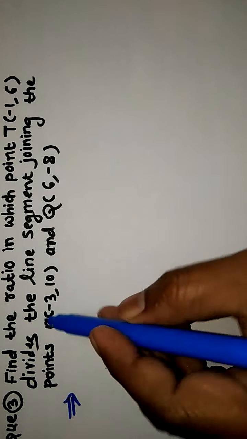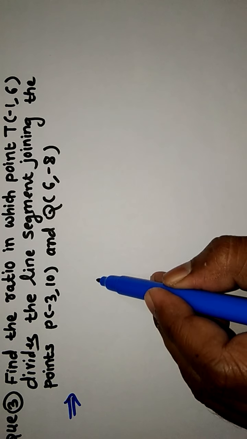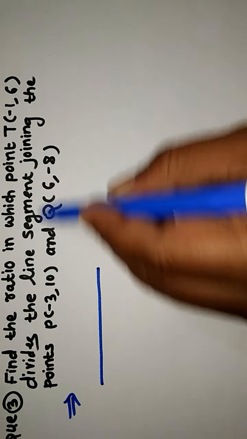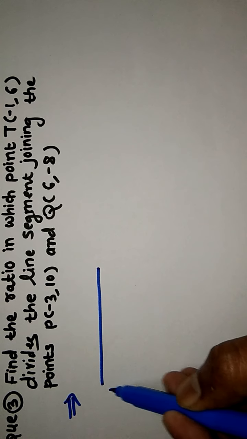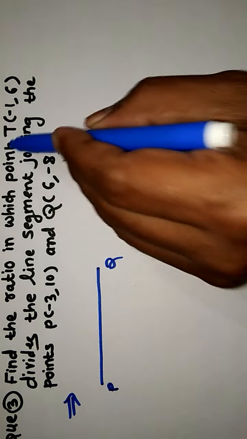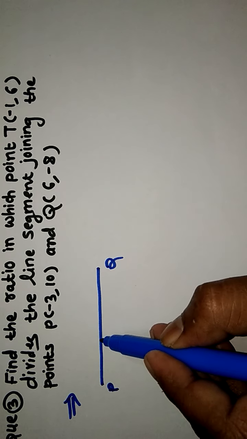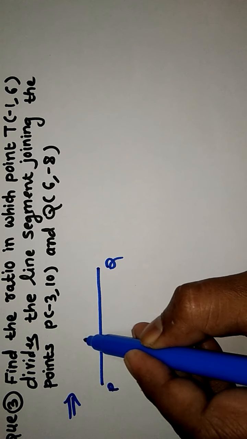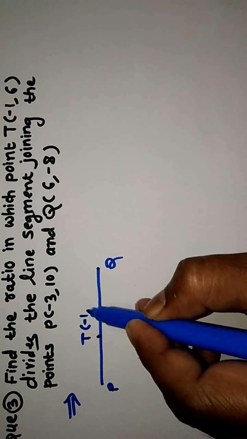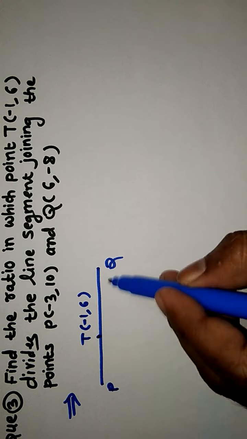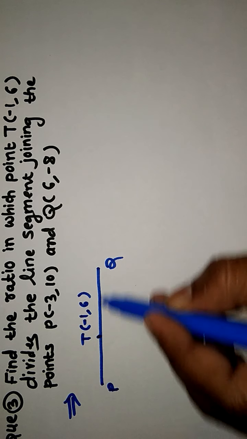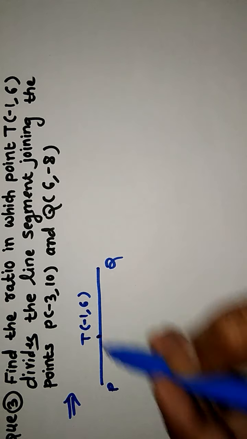By reading the question, first draw the figure, segment PQ. Point T(minus 1, 6) divides the segment PQ in the ratio PT to TQ.